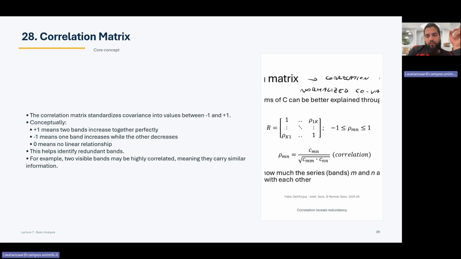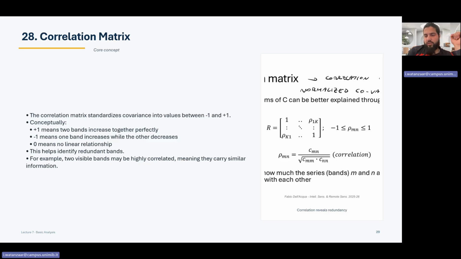So they are going in the opposite direction. In the positive case, the bands increase together. It means they are carrying certain information across the multiple bands and increasing a certain way, but with a little bit of variance. Zero means no linear relationship.